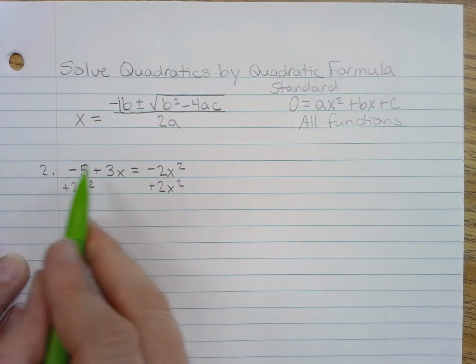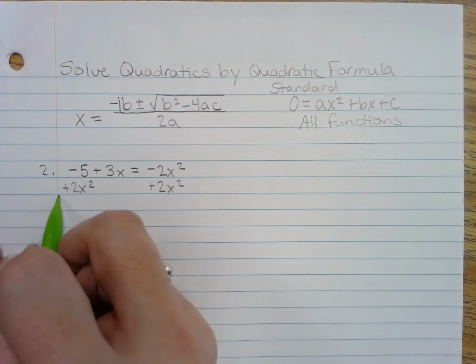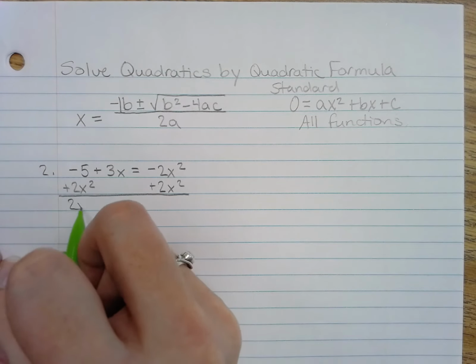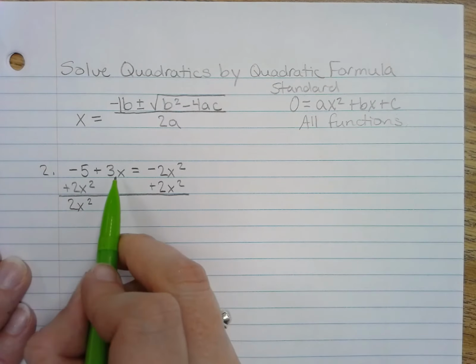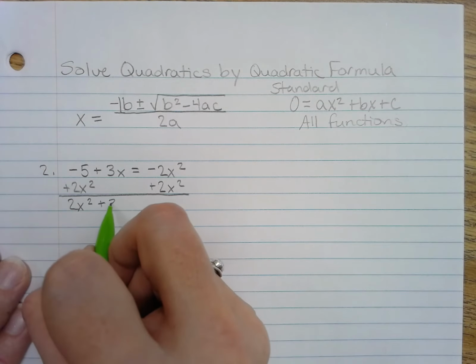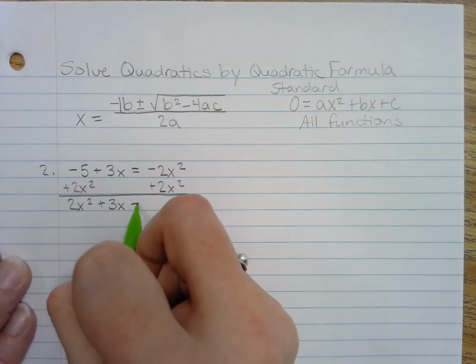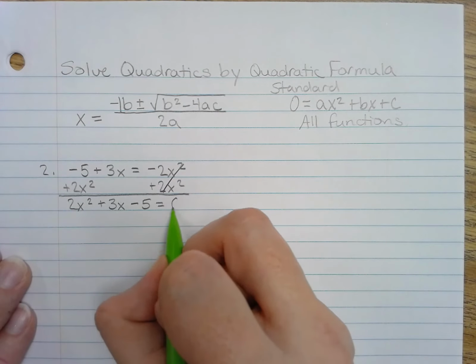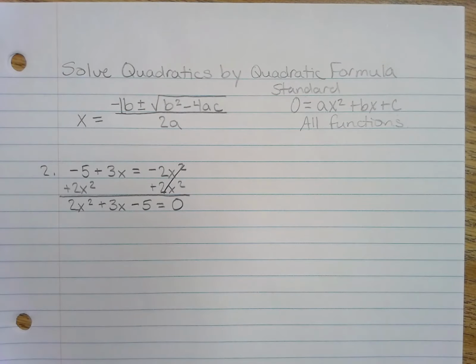There's no like terms to combine it with, so we'll just write them in the correct order. The 2x squared is first. I'm going to go ahead and list the 3x next, and then finally the minus 5. And that does equal 0 because those cancel out, leaving us with our 0.